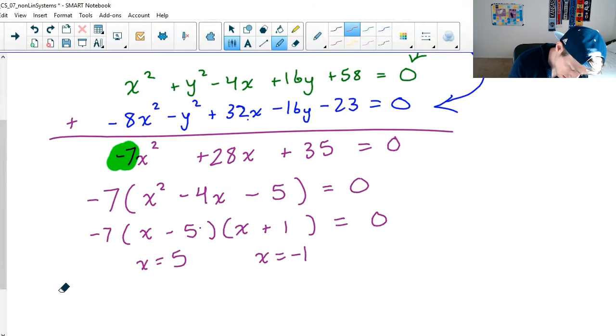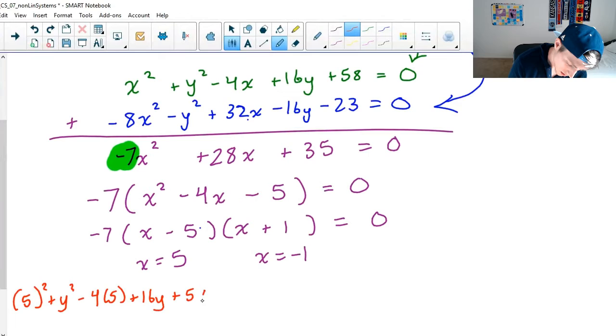So x squared, (5 squared) plus y squared minus 4 times 5 plus 16y plus 58 equals 0.